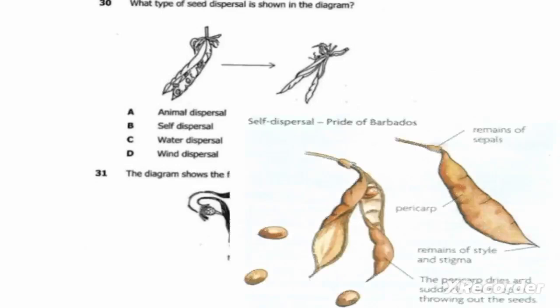Self-dispersal is the spreading of seeds by the plant itself without external help. Therefore, our correct answer is B.